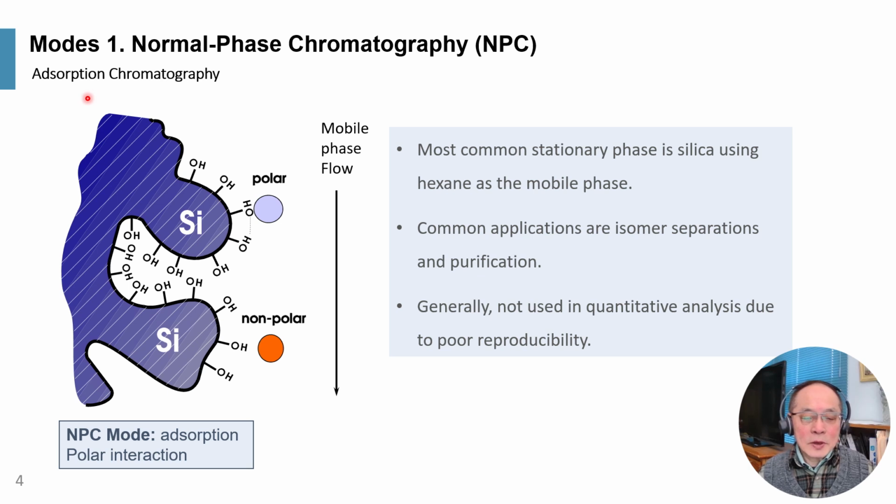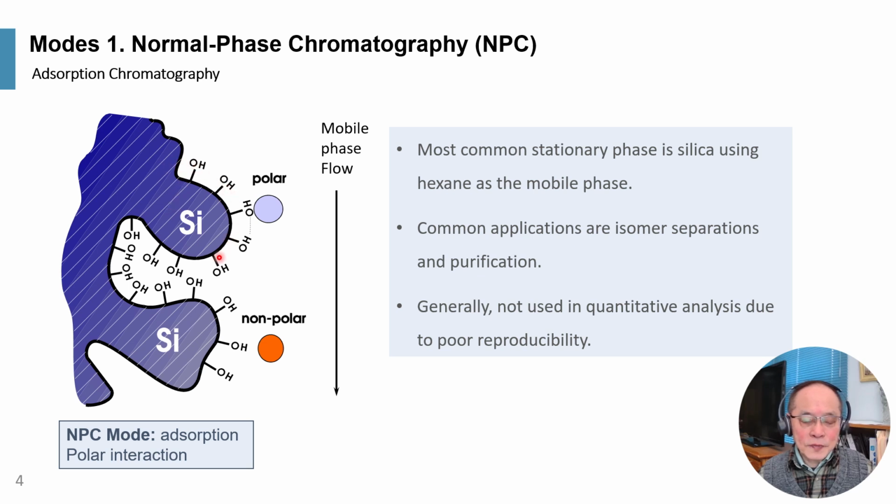In this slide, we demonstrate the schematic retention mechanism of mode number 1, normal phase chromatography, generally called adsorption chromatography. On the left-hand side, we see a silica particle, which is the most common support for normal phase chromatography. The stationary phase are actually the residual silanol groups residing on the surface of the silica support.